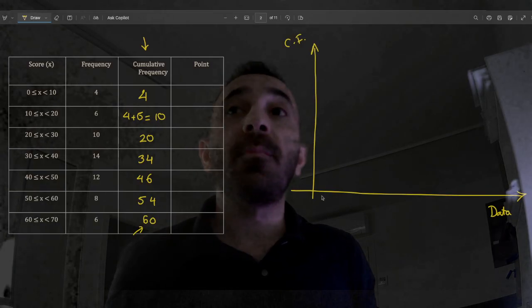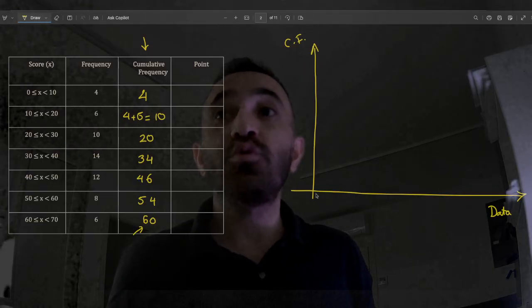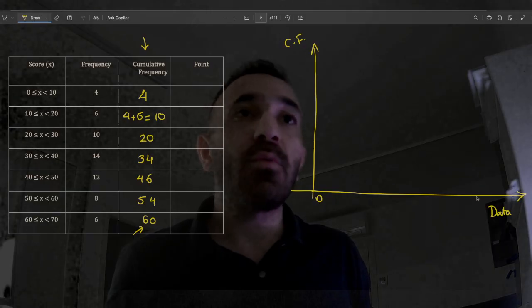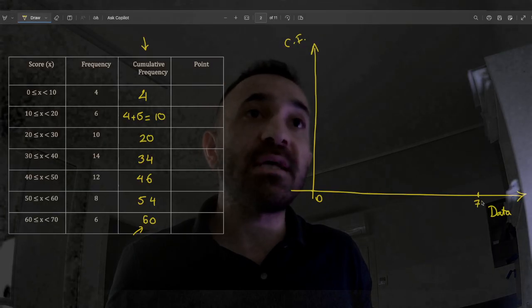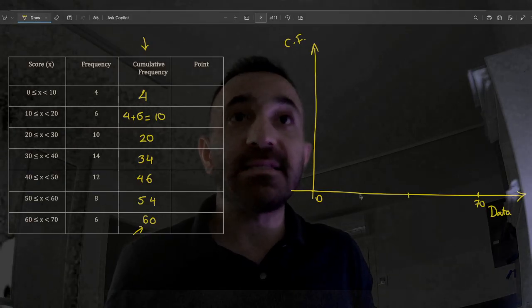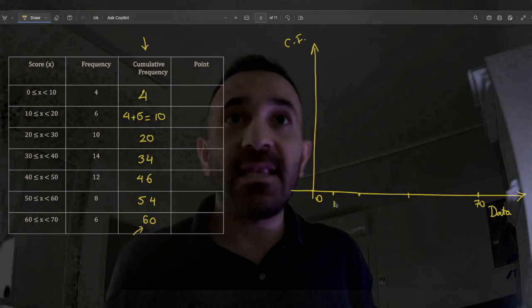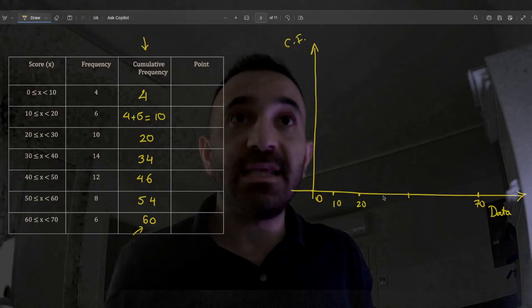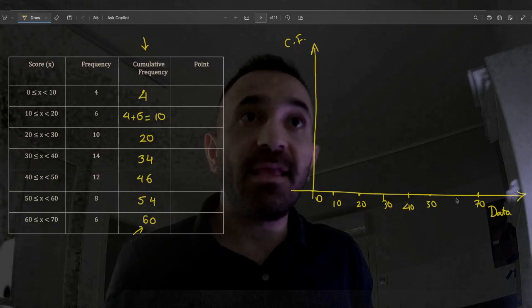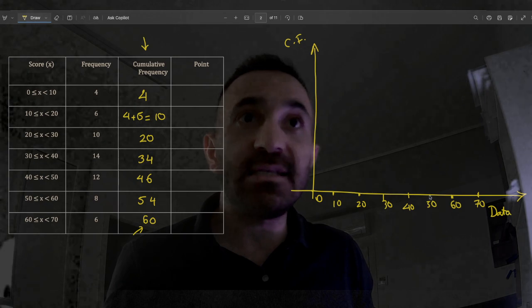Okay, so my data is between 0 to 70. So let's suppose that this point is 0, and I'm going to see this point as 70. So I'm going to say maybe it's 10, 20, 30, 40, 50, 60, and 70.